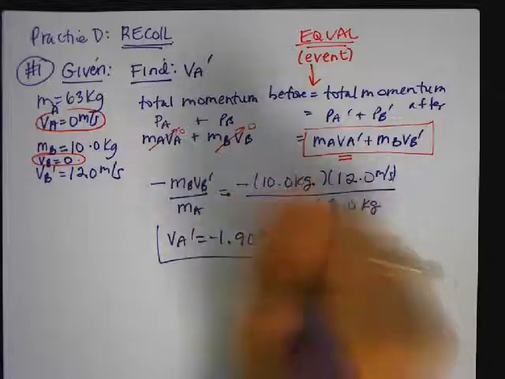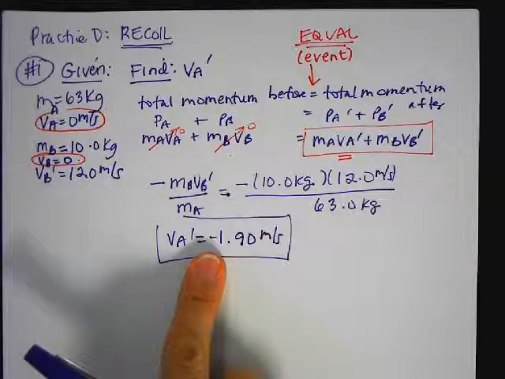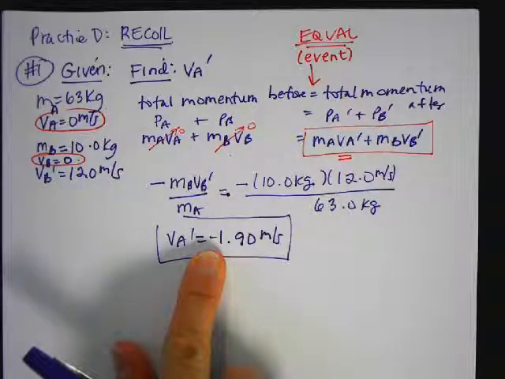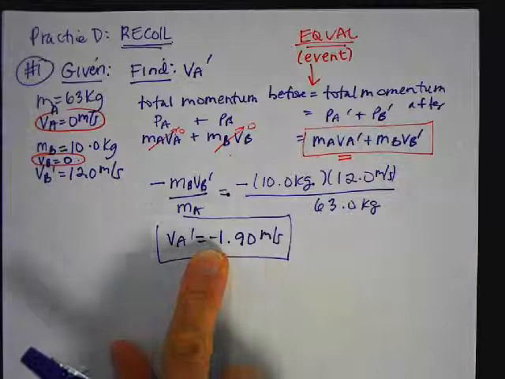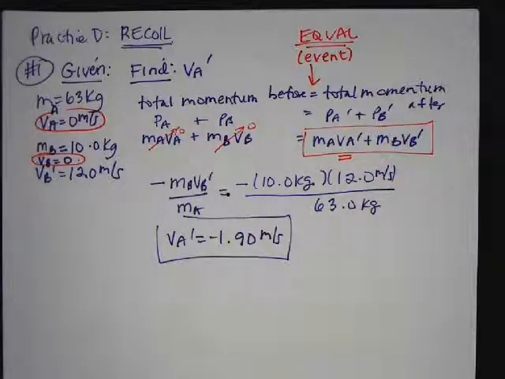So the negative sign means that the astronaut is going in the direction opposite that he threw the tank in. Thinking about it conceptually, that makes sense. He throws the tank one way, and he goes back the other way.